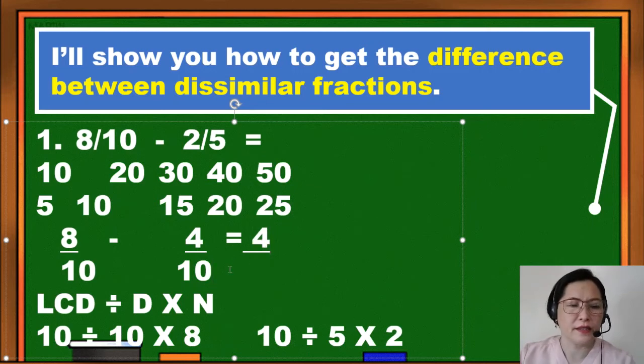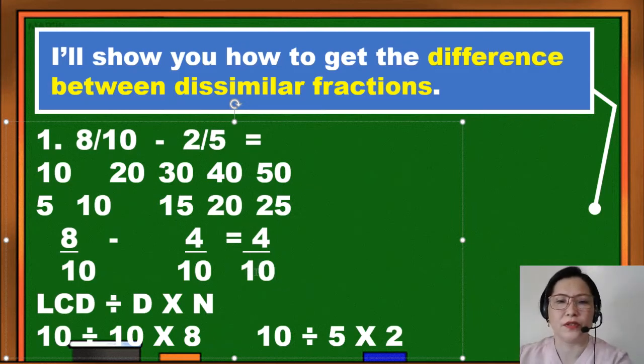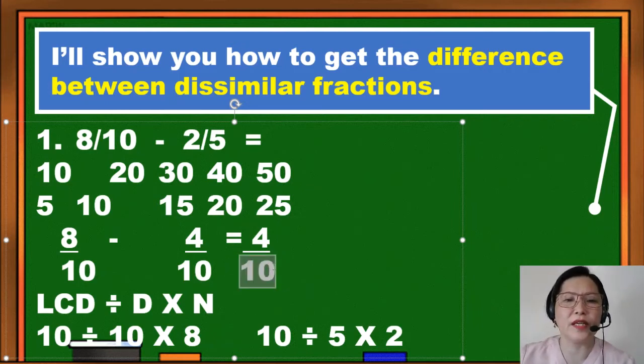The denominator is 10 because that's the common denominator. So, 8 minus 4 equals 4. Then copy the denominator 10.